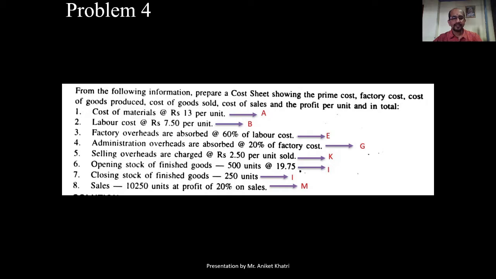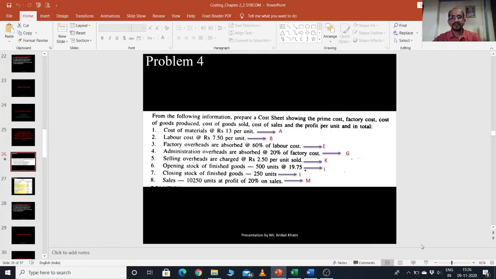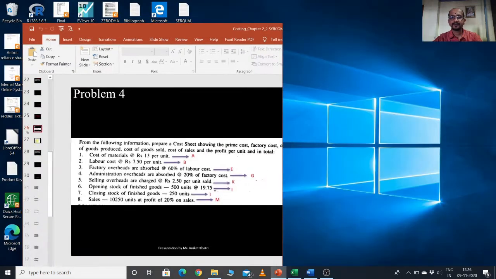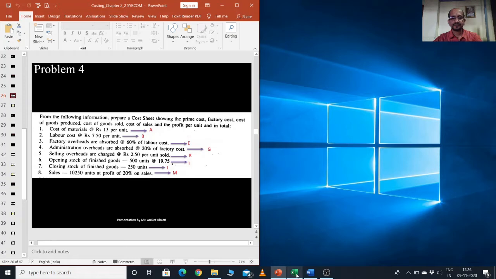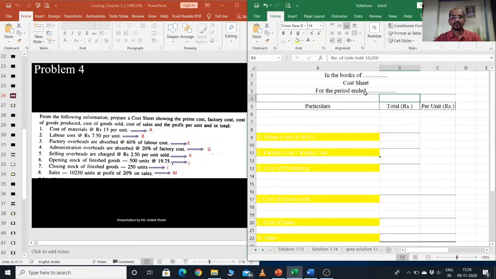Okay, let me quickly adjust my screen. So I have kept the format ready. In that you need to write in the books of which is not mentioned in this particular problem.